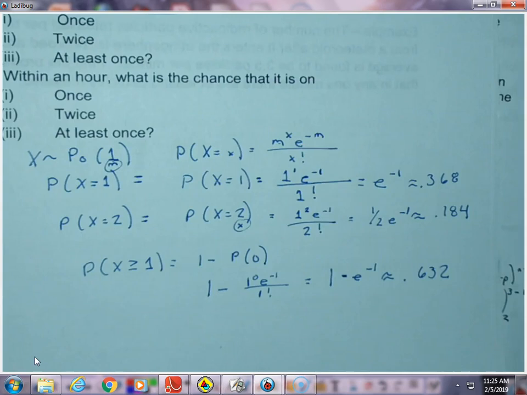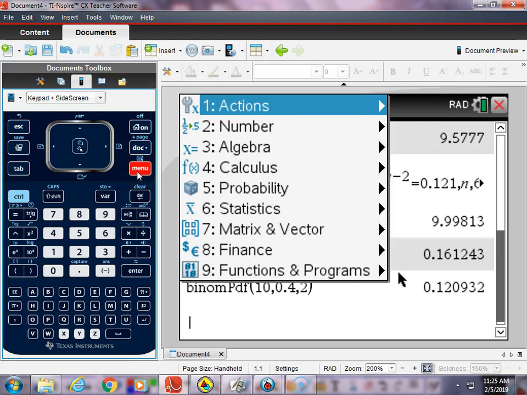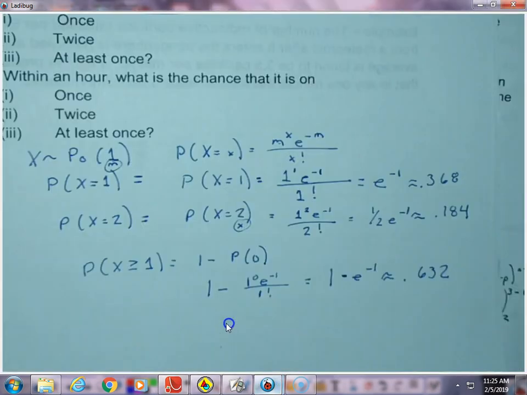Okay, I do want to show you that you can do this on your calculator. So, menu, probability. Wait, I didn't write that down. Sorry, I got distracted.